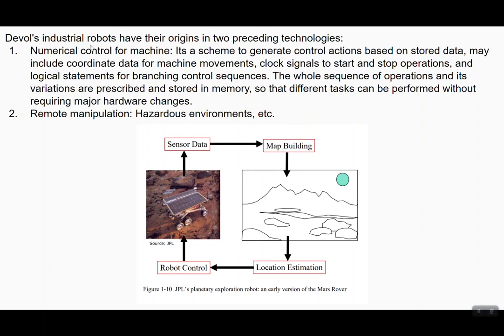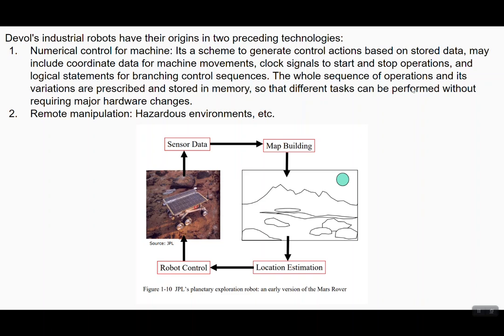George C. Devol's industrial robots have their origins in two preceding technologies. Numerical control for machines is a scheme to generate control actions based on stored data, which may include coordinate data for machine movements, clock signals to start and stop operation, and logical statements for branching control sequences.